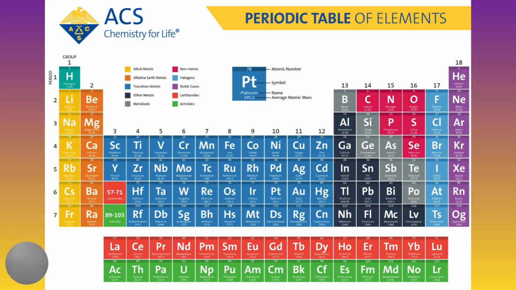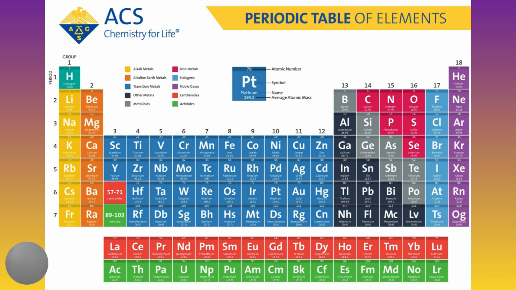So let's look at this picture. Here we have different groups of elements, and you can see there are different properties of these elements. We have the color coding. We have group 1, 2, 3, 4, and so on, up to group 18.